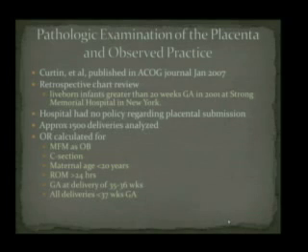It's a retrospective chart review, and they looked at any live-born infants greater than 20 weeks of age at a hospital in New York. The hospital had no policy about whether to send placentas or not, so it was up to the individual who was delivering. They had approximately 1,500 deliveries, and they wanted to calculate the odds ratio of the chances that it was sent based on these separate criteria.